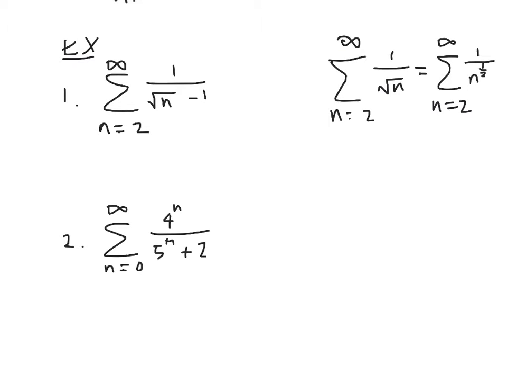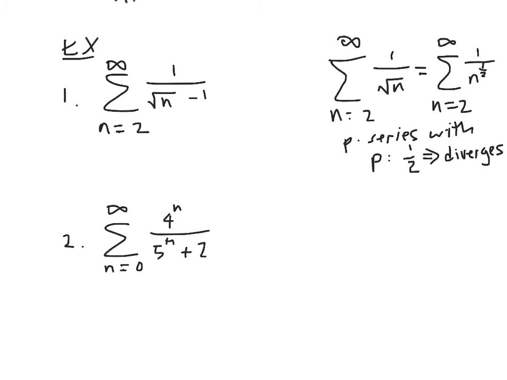We see that it's actually a p-series with p equal to 1/2, which tells us that it diverges. So we know that the series on the right diverges.